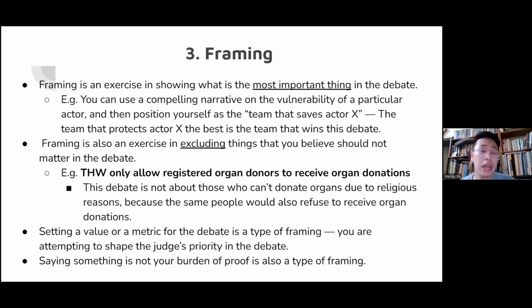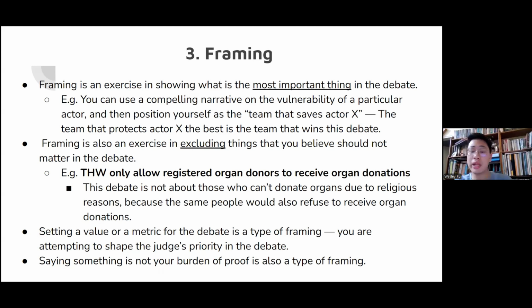So, for example, if government tries to argue that opposition needs to prove the likelihood of these things changing, you as opposition can just say, it's not our burden to prove that these things change. It's our burden to prove that the process of it is bad. That is framing. That is telling you what you should be able to do, what you don't have to do, what is important within the round, what is not important.